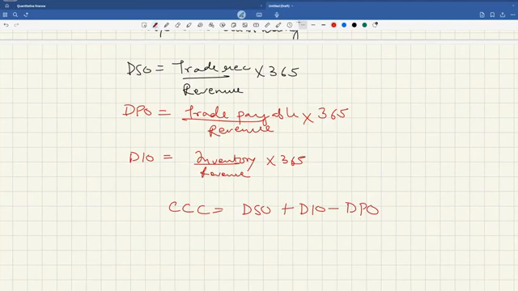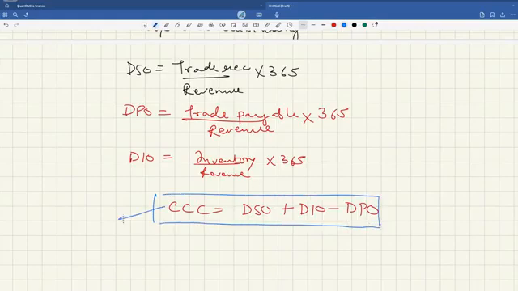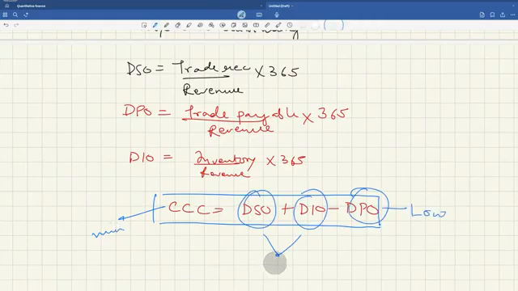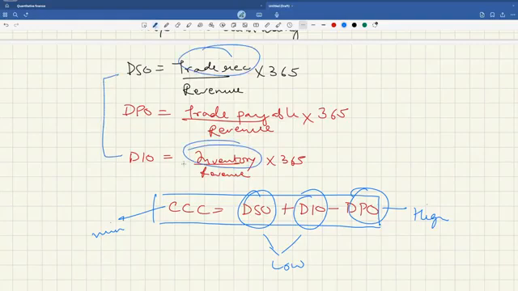Now understand this. What value will a company prefer for CCC? A company will prefer to keep CCC minimum. They prefer these two, DSO and DIO, to be low and this one, DPO, to be high. If you go back to the formula, DSO and DIO can be low only when the trade receivables and inventory portions are small.